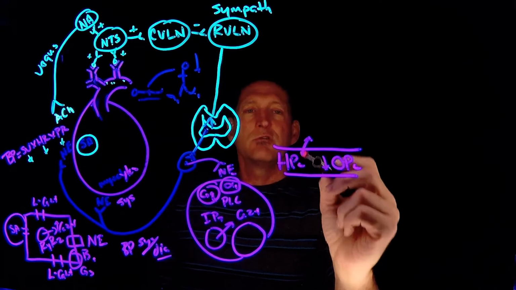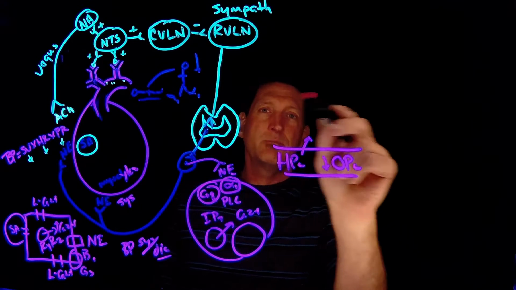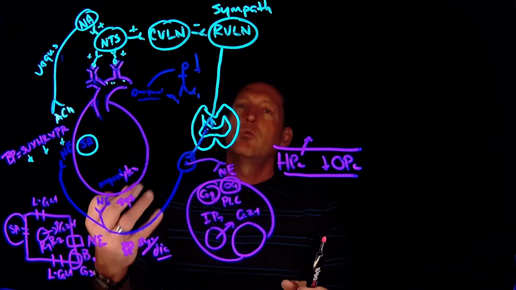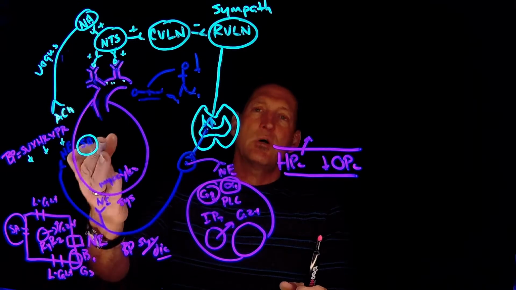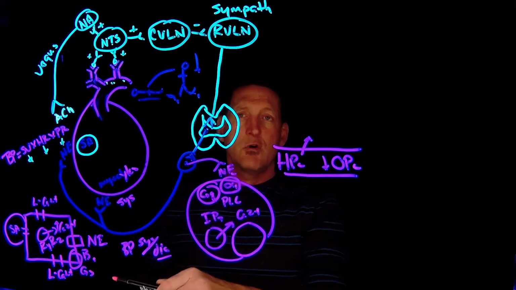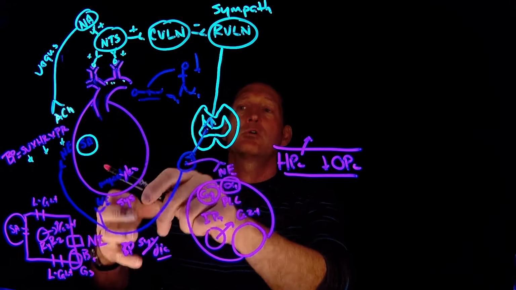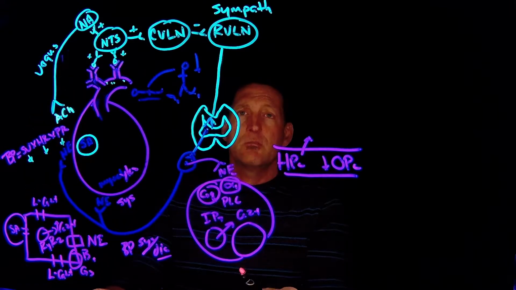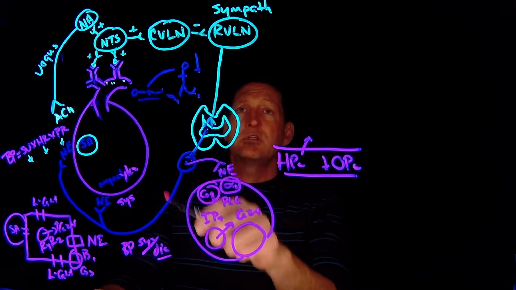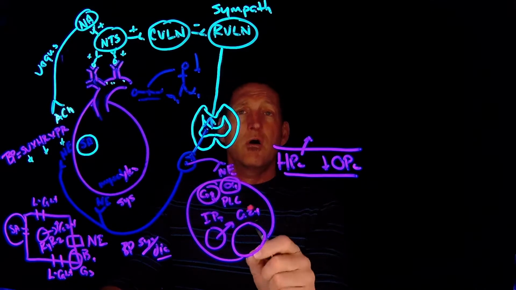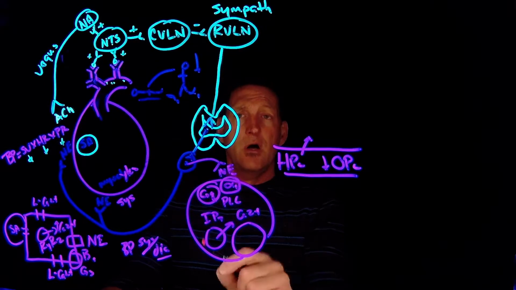Since the fluid is in the third space within the peritoneal cavity, their blood volume is going to drop, which drops their venous return, which drops their end-diastolic volume, which drops their stroke volume. When their stroke volume drops, that's going to drop, of course, their measured blood pressure. However, in response to that, what I'm going to see is the heart rate is going to try to accommodate that.